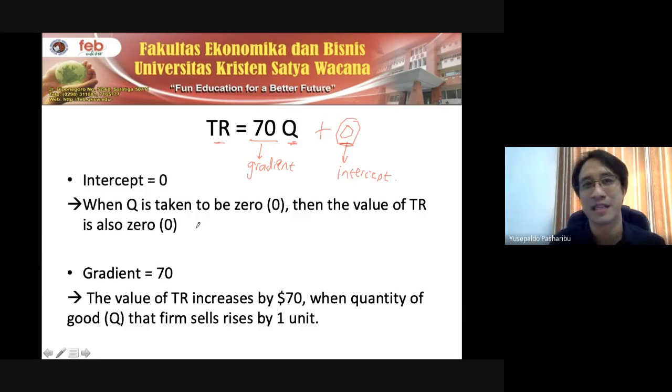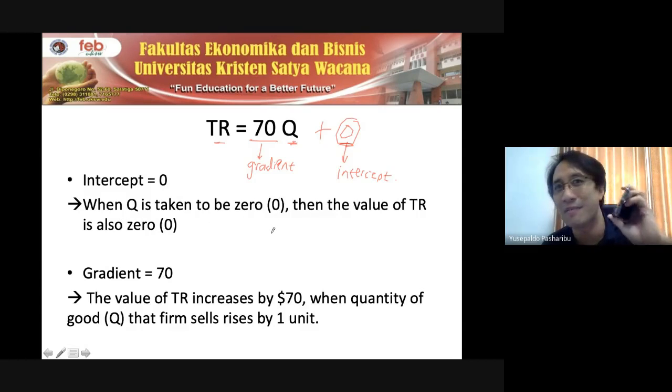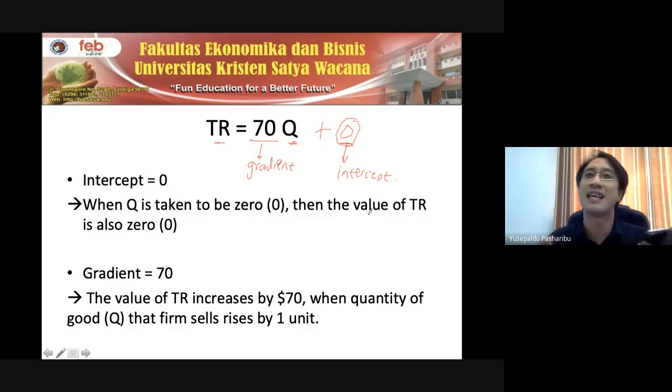So if the intercept equals 0, it means when Q is taken to be 0, I'm not selling any of my iPhones, then the total revenue that I have is also 0. That's why the intercept in this part is 0.